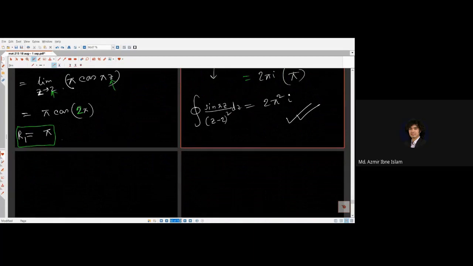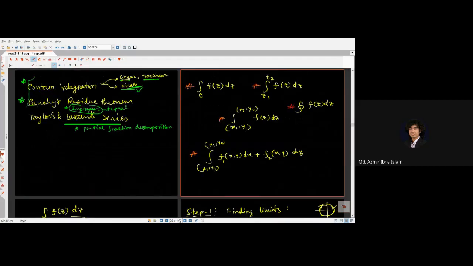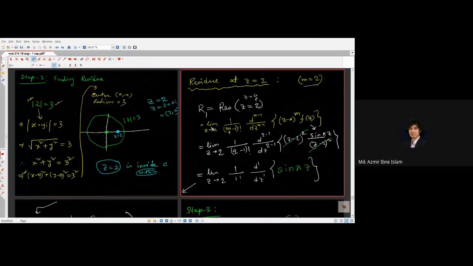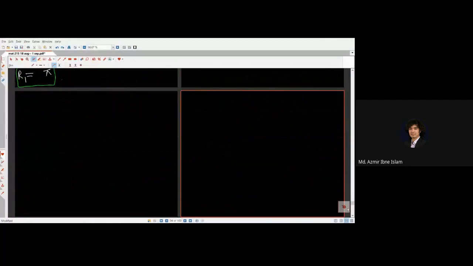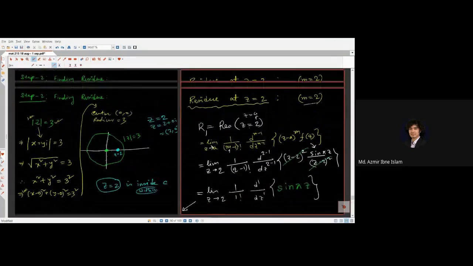Cauchy's residue theorem can be applied to improper integrals, so let's focus on improper integrals now. You will again get the application of Cauchy's residue theorem. Let's take one problem from improper integrals. But before that, I would like to highlight one point.